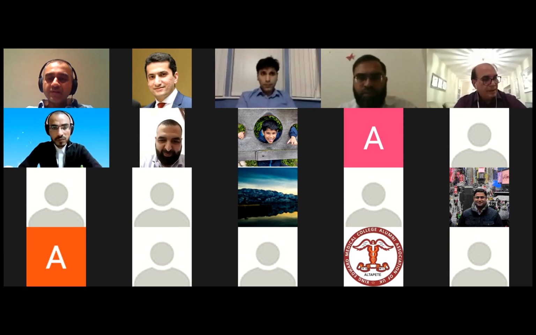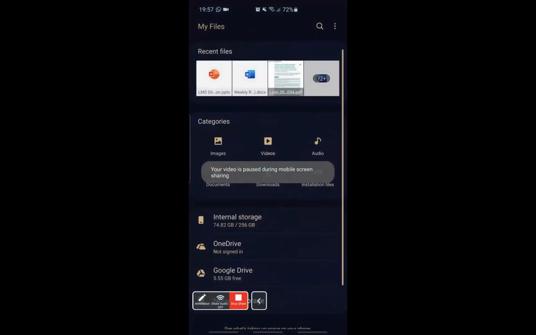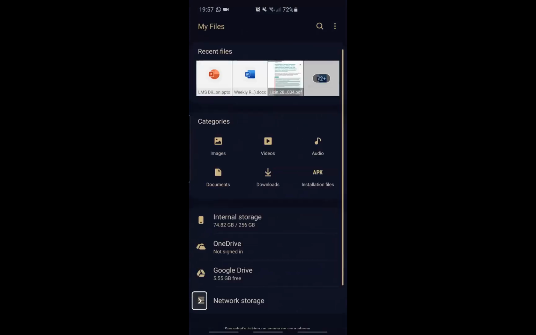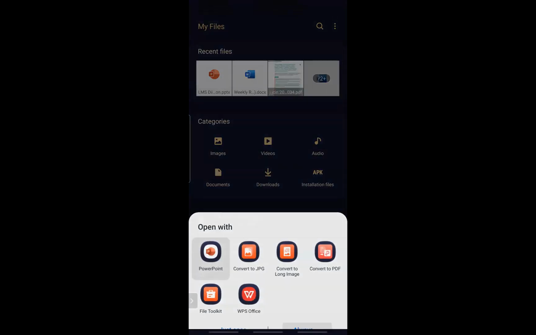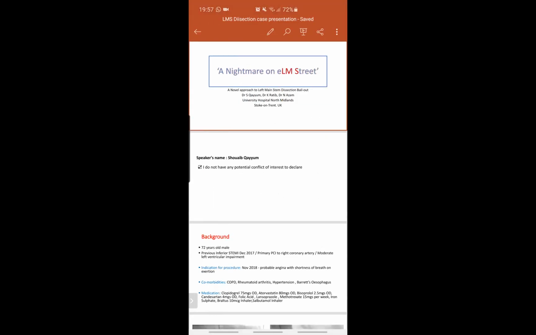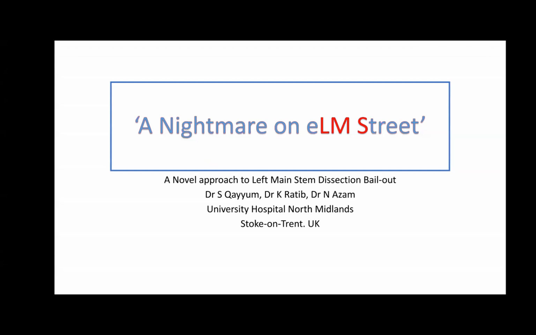I'm just going to screen share, I will run it on my mobile. So whilst we're waiting for that to come up, Jawad, what do you think? I was struggling with the IVUS to get good depth images. Would OCT have been able to image that distal left main stem?